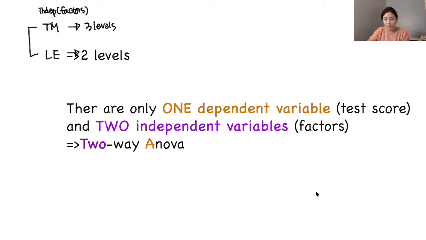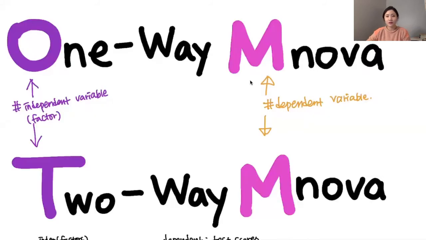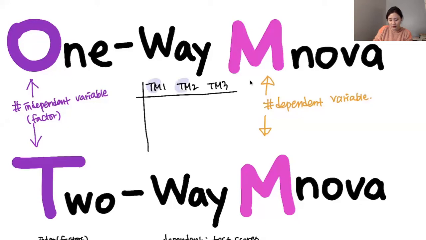Just for your information, I am going to explain what one-way MANOVA and two-way MANOVA are. Even when we change to MANOVA, the M still stands for the number of dependent variables. If I want to compare teaching method 1, 2, and 3, we still have only one independent variable, the teaching method with 3 levels.